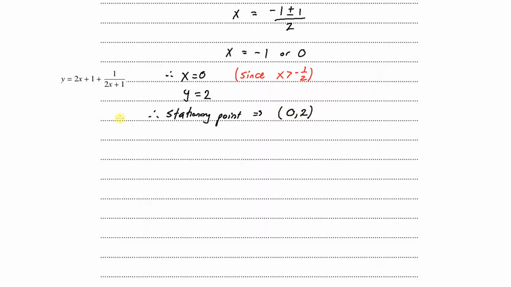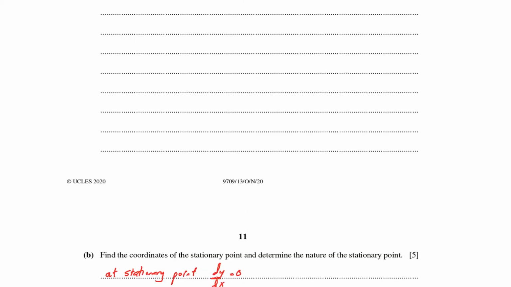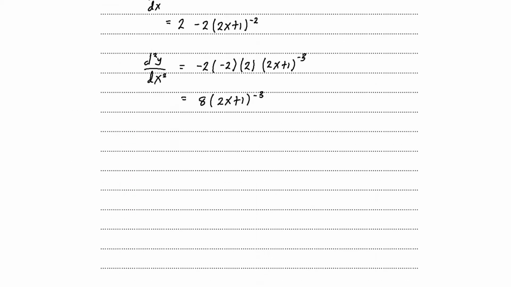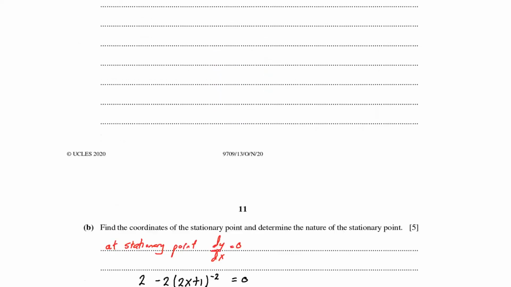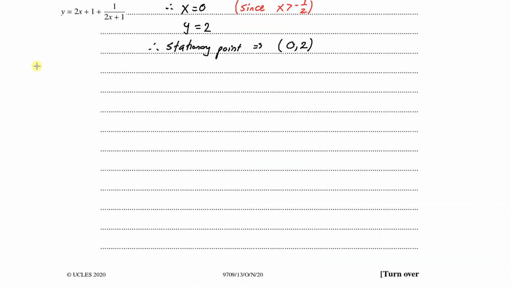Now let us look at the nature of the stationary point. For the nature, we are going to use the second derivative, which we had obtained earlier. So let's place it here. This is d squared y by dx squared.